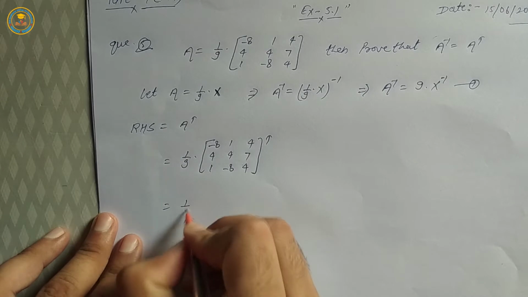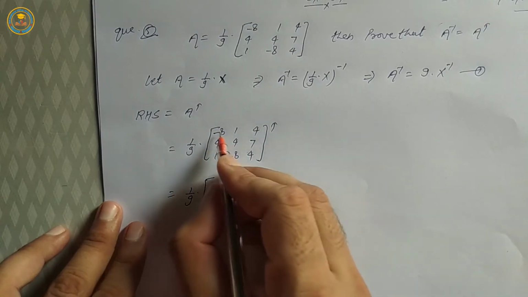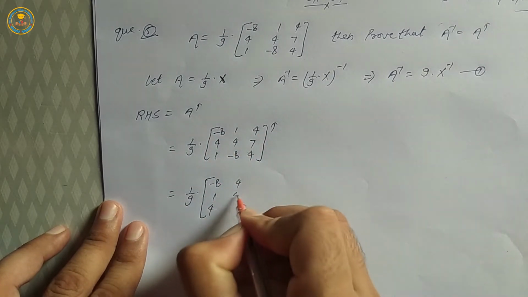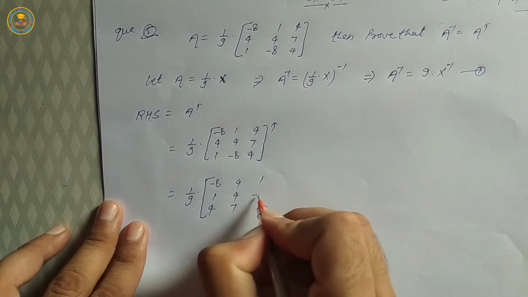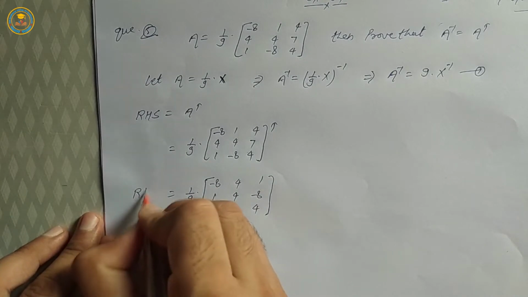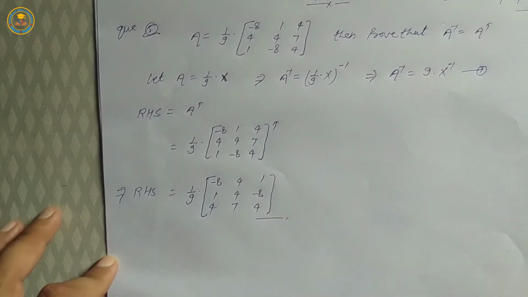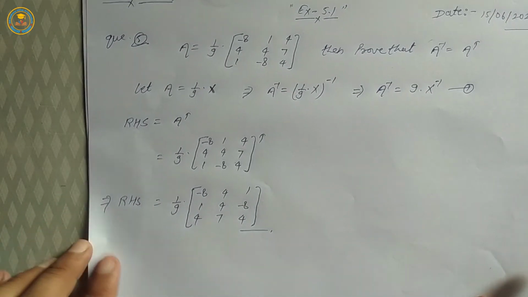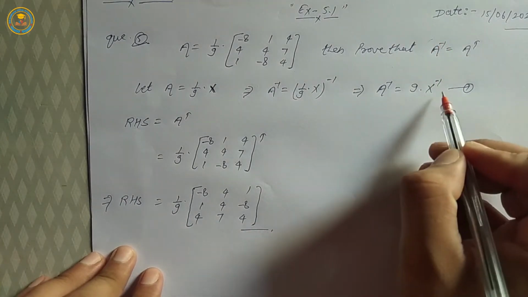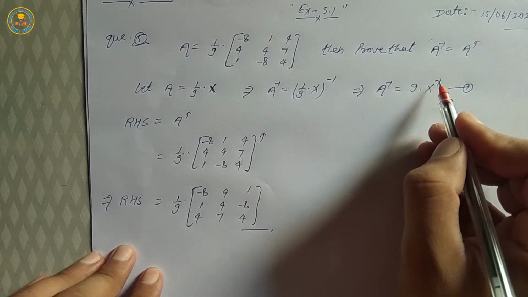It is the same, interchanging row and column. Left side is A inverse equal to 9 into X inverse. Before that, find the value of X inverse.